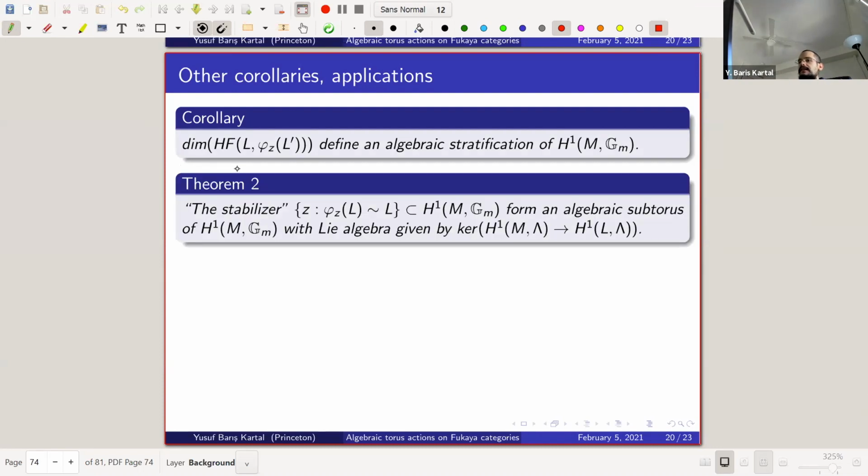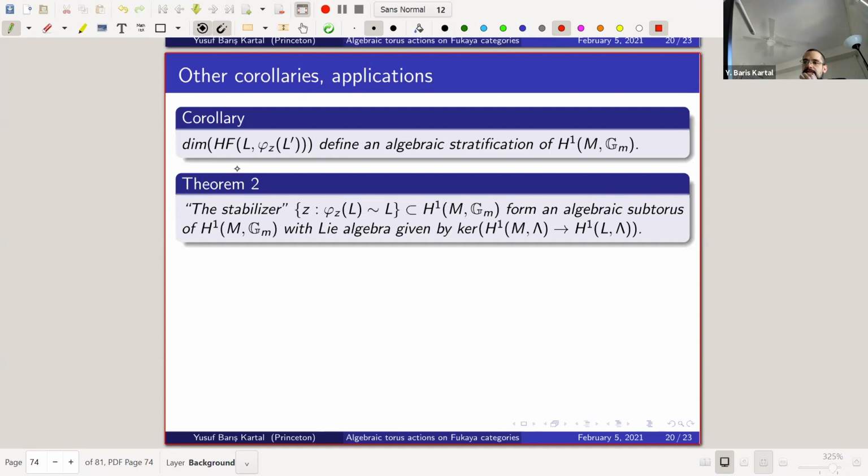So let me just state other applications. The second application is, if you consider the stabilizer, in quotation marks, in other words, the locus of Z where phi Z of L is equivalent to L in some sense, then this also forms an algebraic subtorus of this algebraic torus.